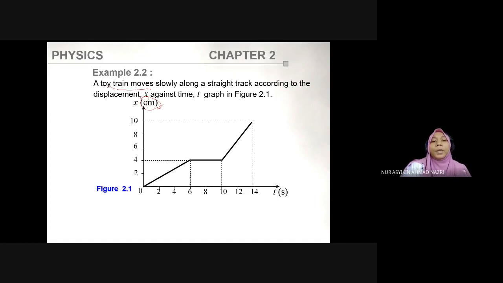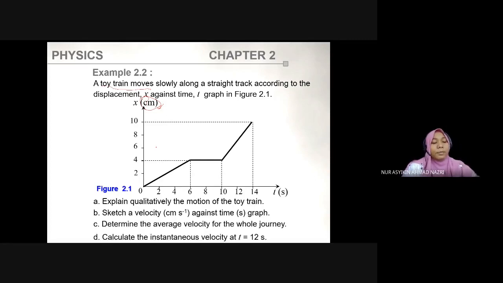Okay, so at first, dia kata, okay, explain qualitatively the motion of the toy train. Explain qualitatively. Bila kata qualitatively, it's not involving the calculation. Okay, it's not involve any calculation. Just need to explain saja.